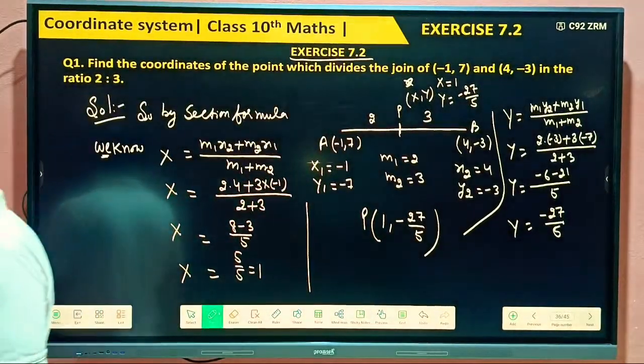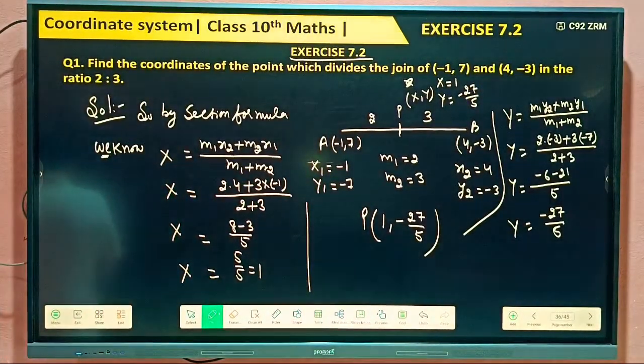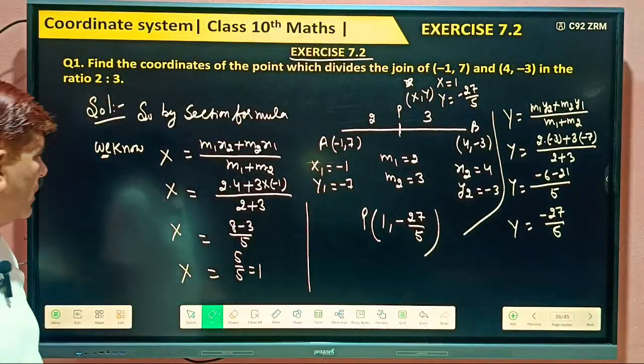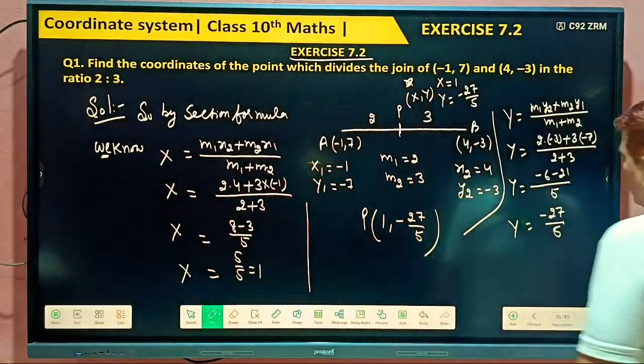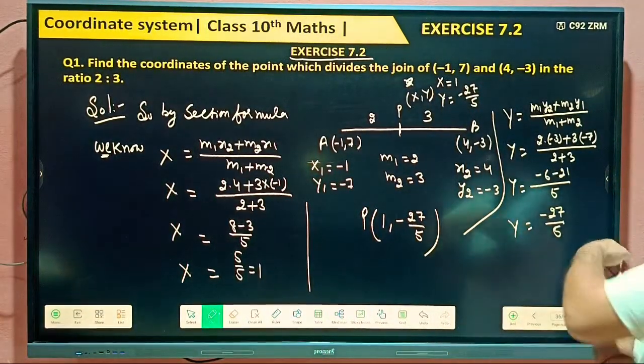Check once. If you want to take its photo, you can take. Otherwise, what is this? So I think there is some calculation mistake in this point.